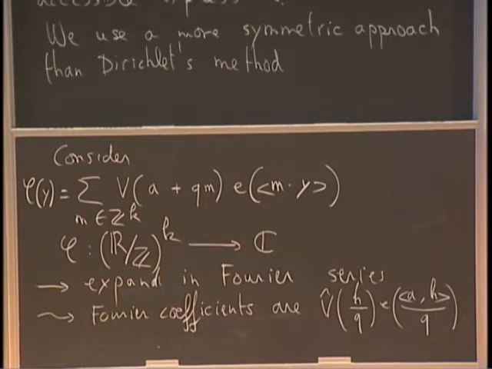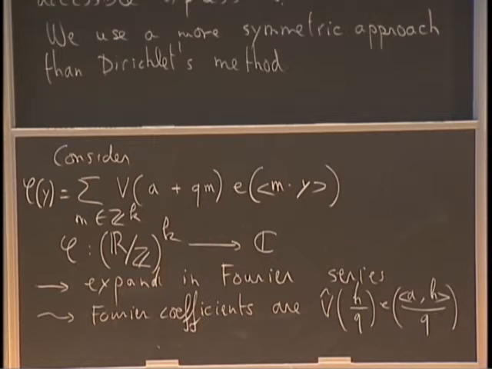Okay, so that's an identity. It's essentially an involutive identity in the sense that in the case Q equals 1, you apply it once, it gives you something else. You apply it twice, it gives you back where you were. In the case where V is in the Schwartz space, it's completely symmetric because V hat is also in the Schwartz space.